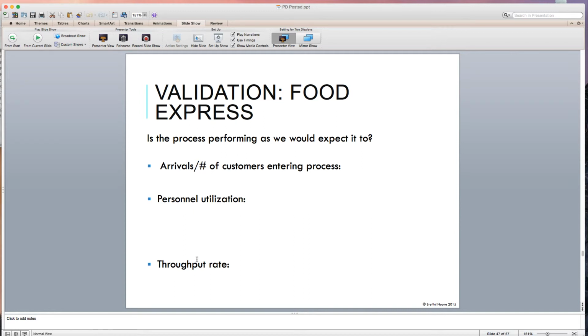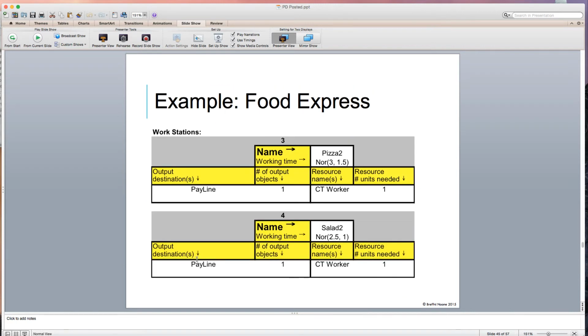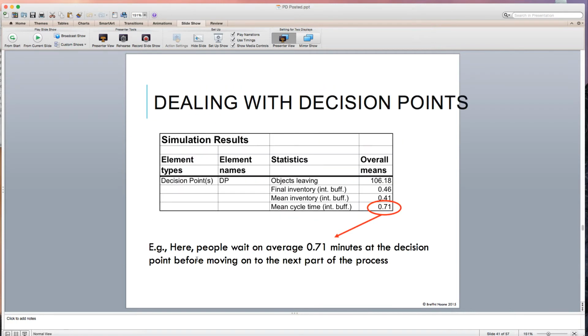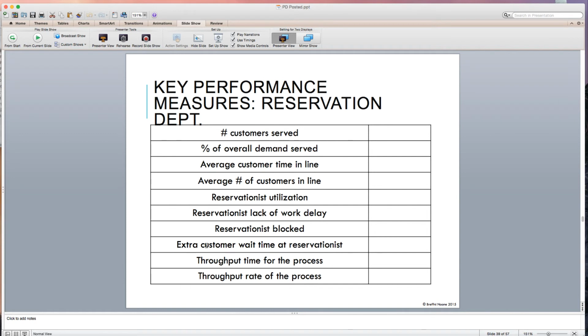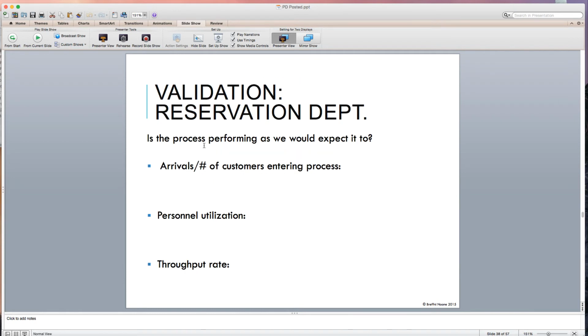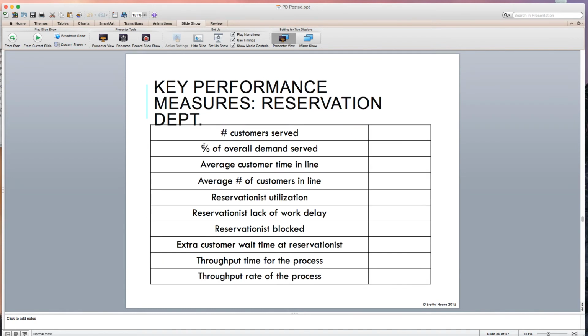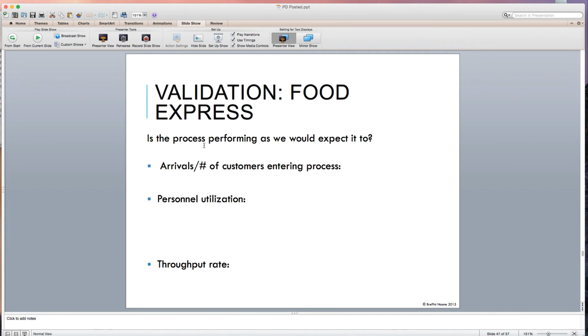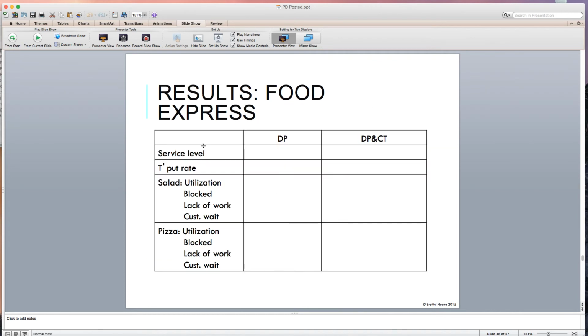Now, if you're feeling brave after you validate, please go ahead, scroll down to the slide where you get to put in your results. Try to put it in with your decision point here in this column. Now this second column, the next thing that we're going to do in our process, and you'll see it in the Word document, is we're going to add a cross-trained worker.